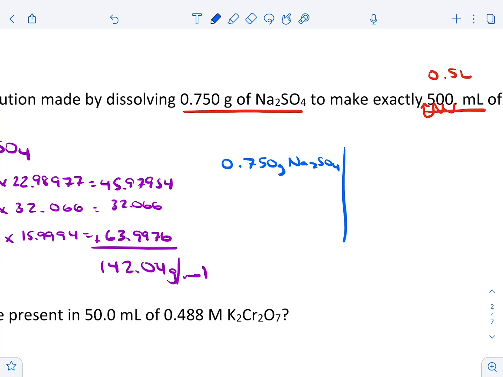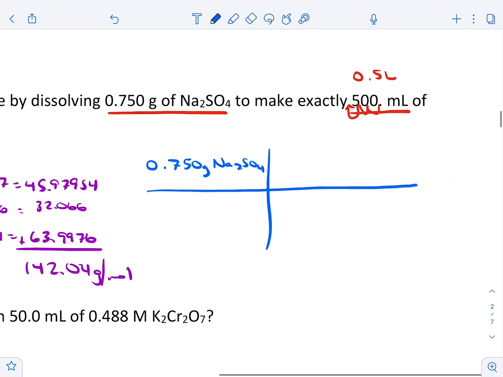And we're going to convert to moles, just like we've been doing for the last few units. We're going to divide by that 142.04 grams. There's our 1 mole. And now if you see, we have moles of Na2SO4 on top. And if we just divide by that liters right there, we'll have moles over liters, which is how we solve for molarity.